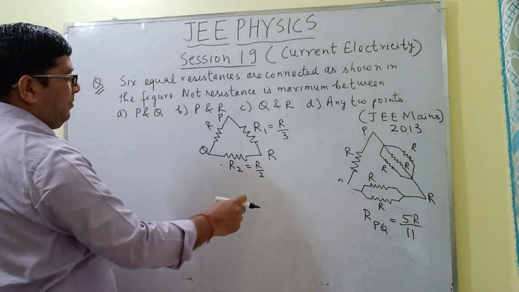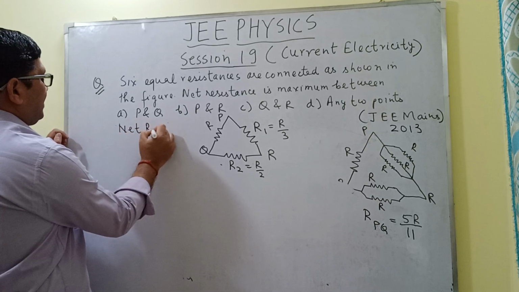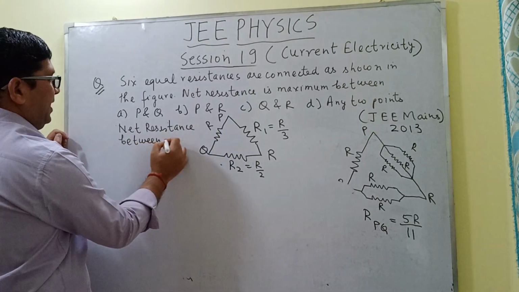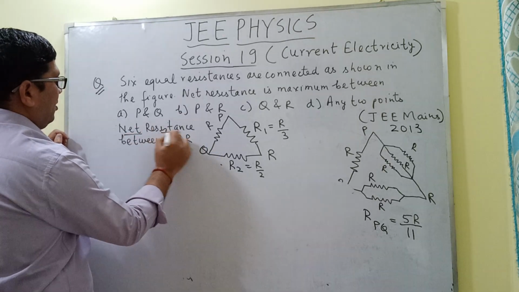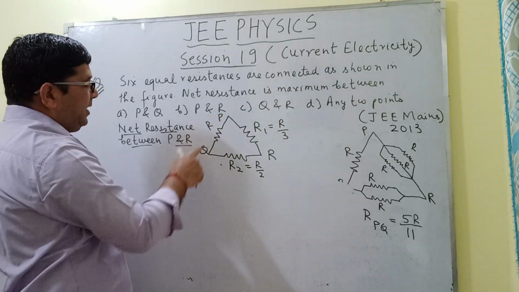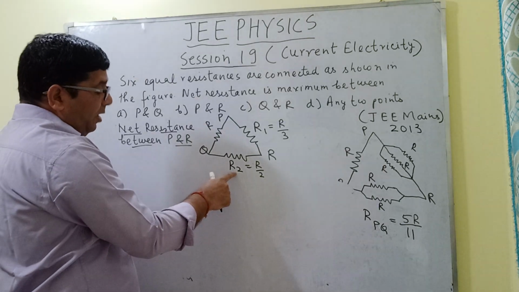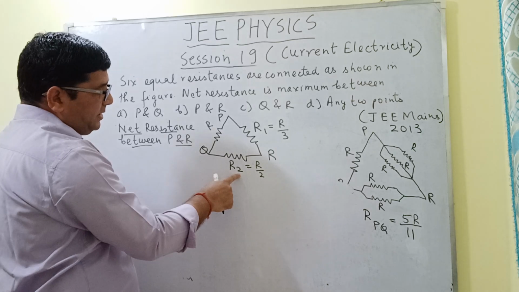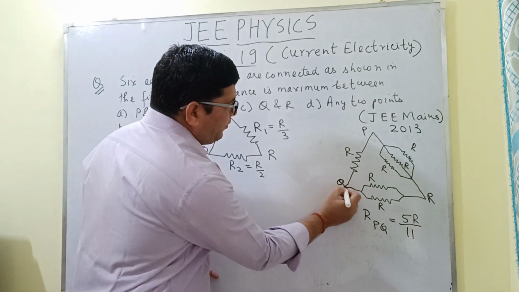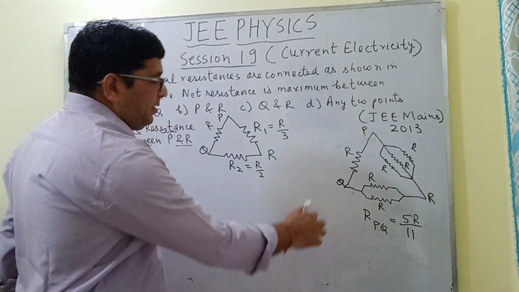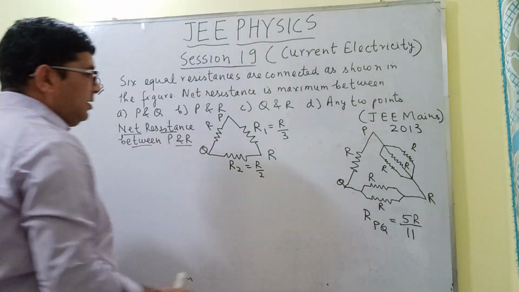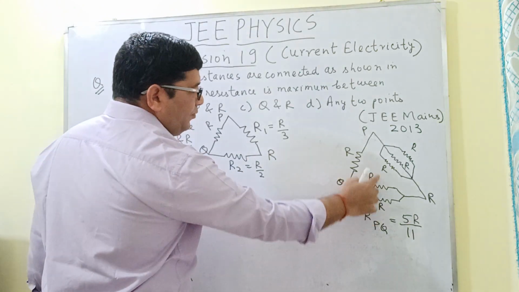So now in this case, what will happen? So the next point is net resistance between P and R. So in this case, this resistor R, that is between the point P and Q, and this resistance R2, and this R2 was basically the equivalent resistance of these two resistors which are placed between these two points, that is Q and R. So R2 was the equivalent resistance of these two resistors.